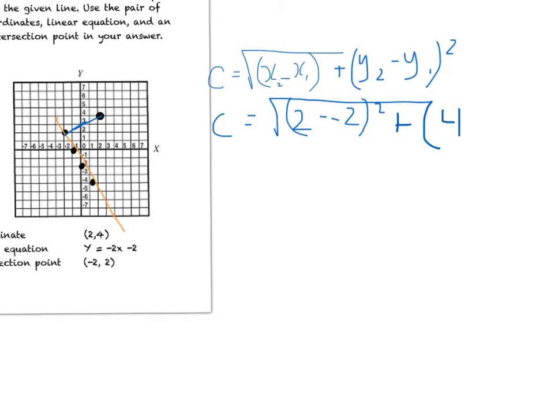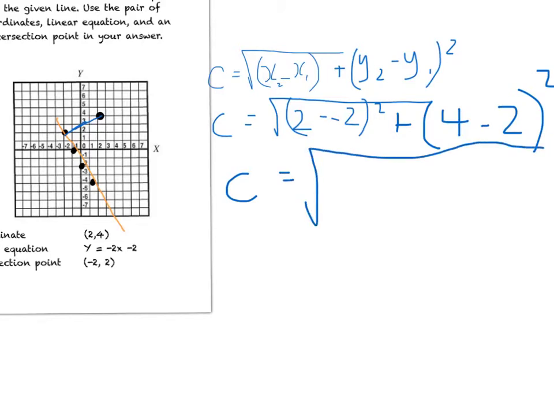So 4 minus 2 all squared. c then will equal the square root of 2 plus 2. Remember, the negative and negative is positive, so 2 plus 2 is 4. 4 squared plus, inside, 4 minus 2 is 2, squared of course.